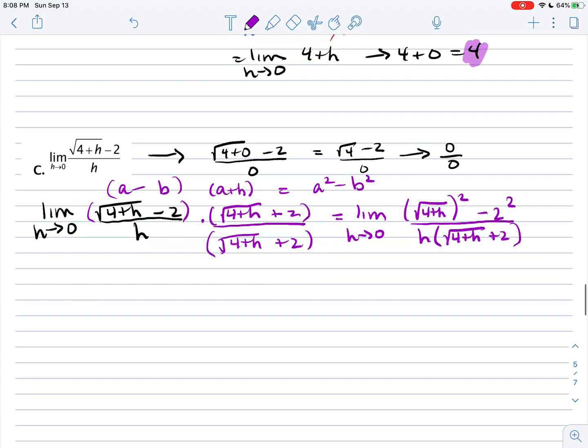And now I'm going to simplify. Square root 2 times square root 2 is 2. Square root 4 plus h times square root 4 plus h is just going to be 4 plus h, and 2 squared is 4, and I have h times the square root of 4 plus h plus 2 in the denominator.